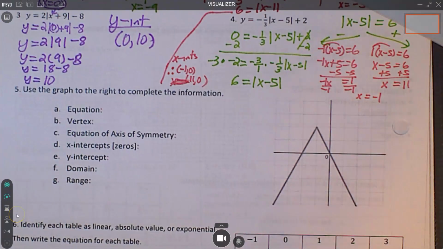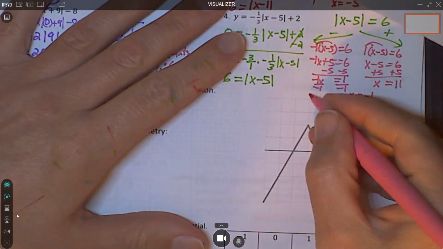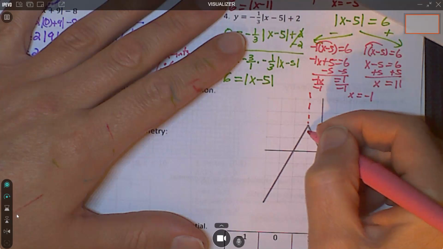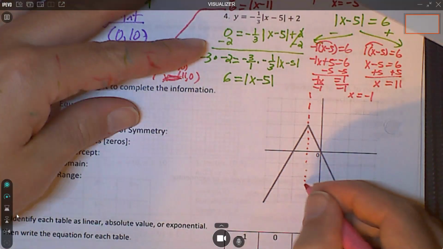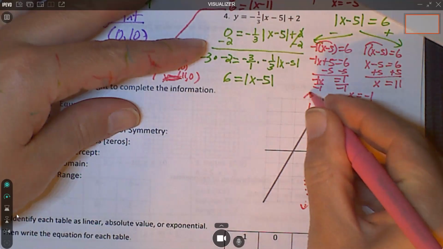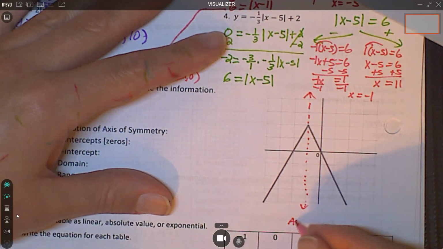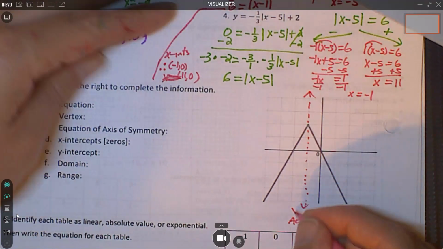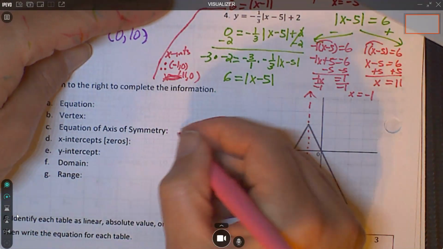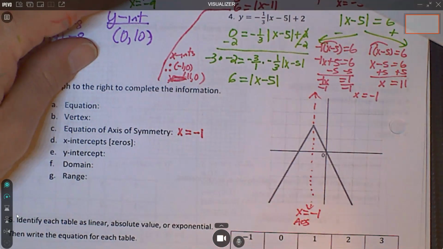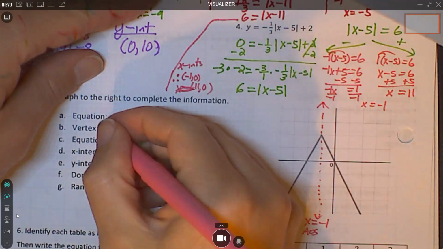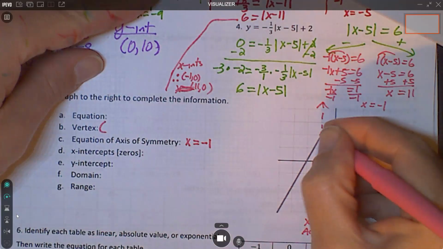So, couple things. Use the graph to the right to complete the information. This is the axis of symmetry. The vertex is here.